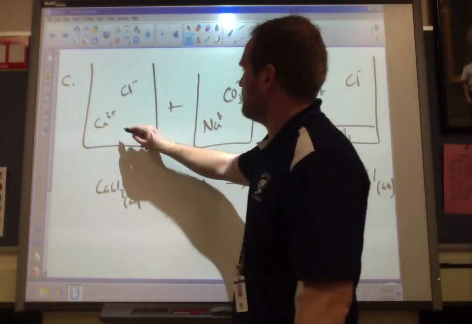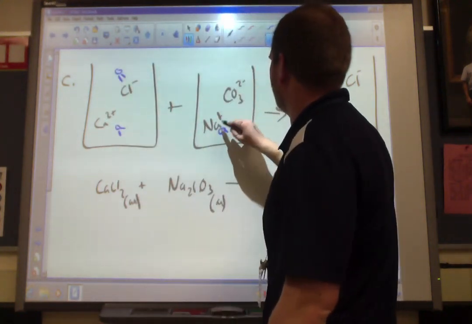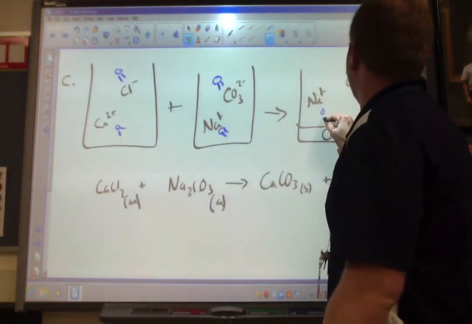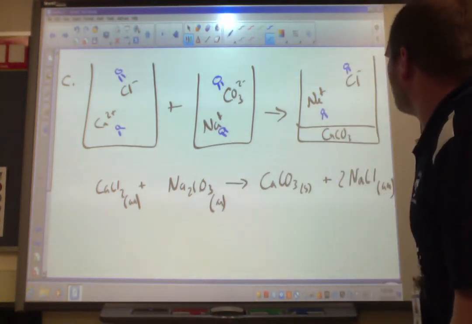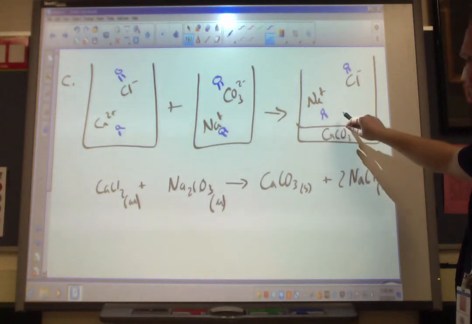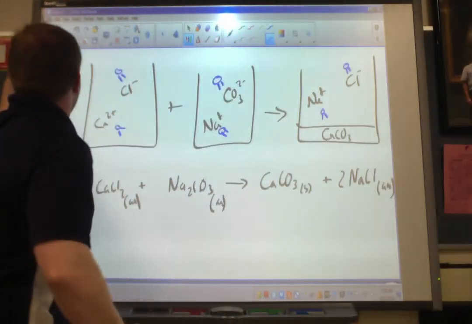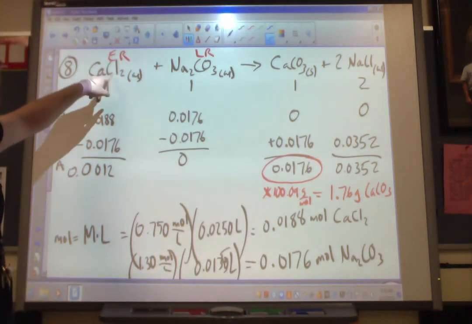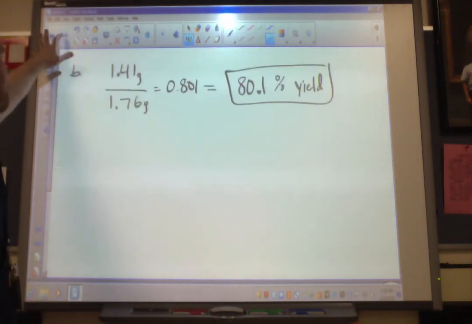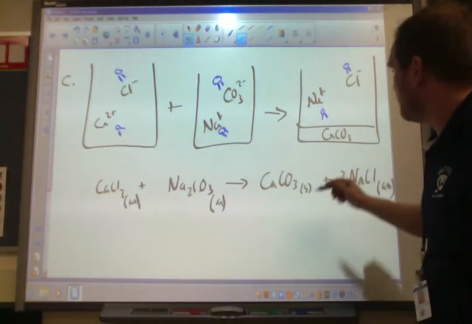Let me add some waters, okay? But we're not done yet. I also have to add my excess reactant to this. So, according to my problem, my excess reactant is calcium chloride. So we're also going to get calcium chloride floating around inside this solution.